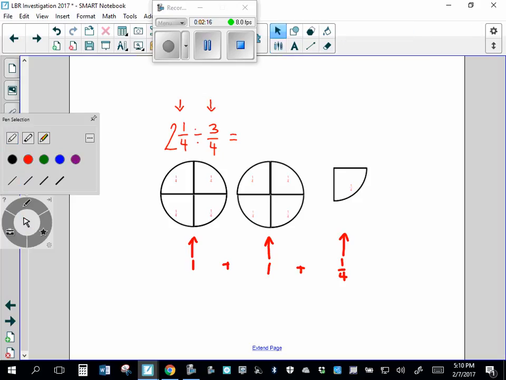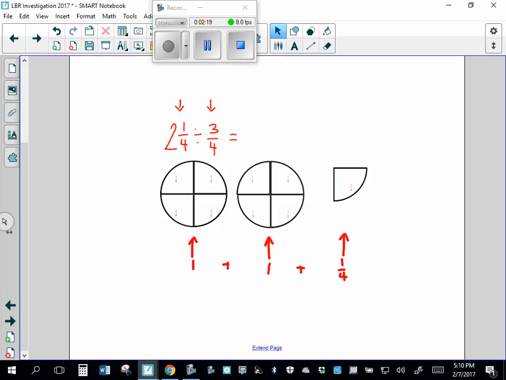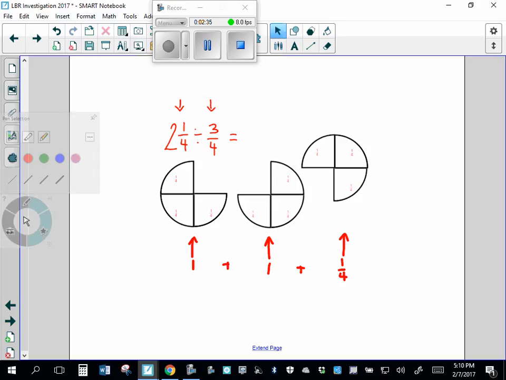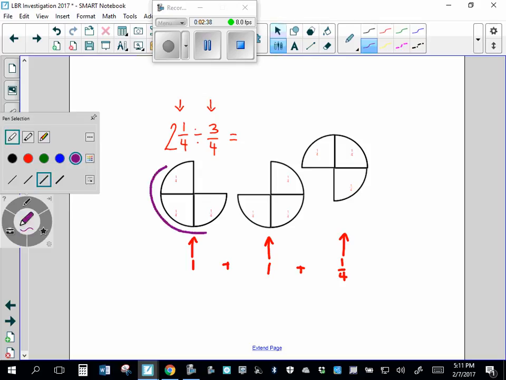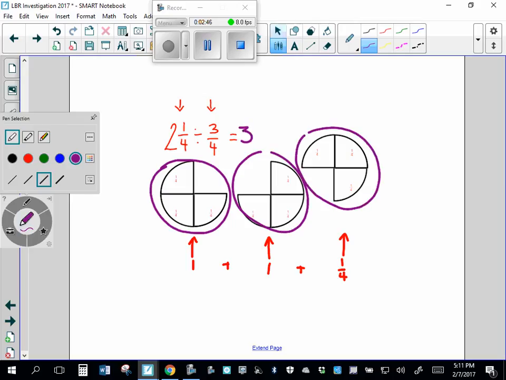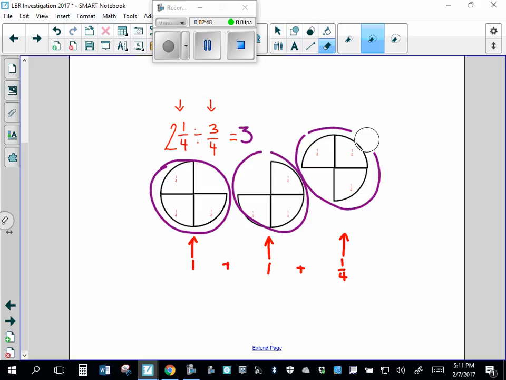And in class today, you did a really good job of doing that by visualizing that you could take a piece from the first whole and a piece from the second whole, and now you have 3 sets of 3/4. That's 3/4, that's 3/4, and that's 3/4. And so there are 3 sets of 3/4 in the number 2 1/4.